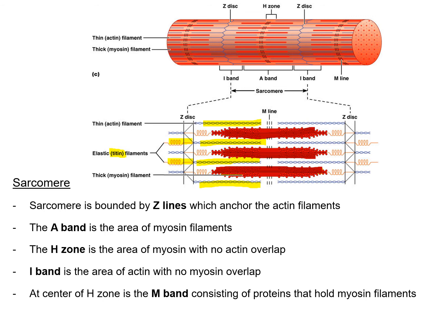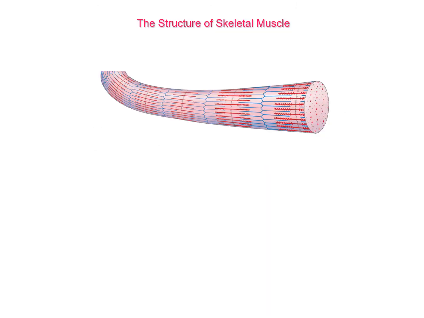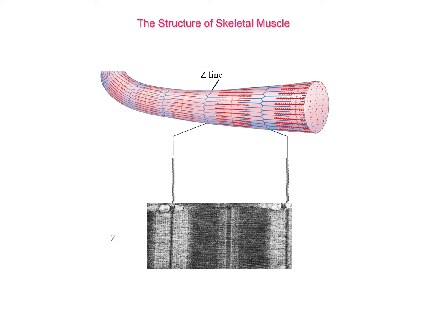So the A band is an area of the myosin thick filaments. The I band is an area with no myosin, just thin filaments. And also you have that M line right down the middle. Here we go. This is a summary of that. There you see the sarcomere with the two I bands, the light I bands on either side of the Z line.